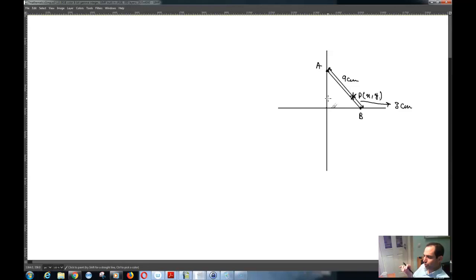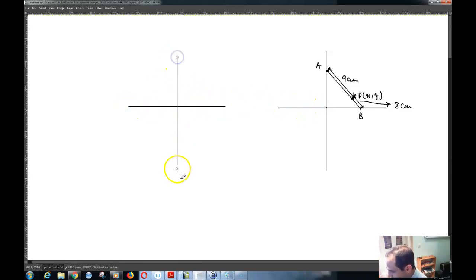So let's suppose that the rod is over here, so the point will be here. And then let's suppose that the rod is here, then the point will be here, and so on and so forth.